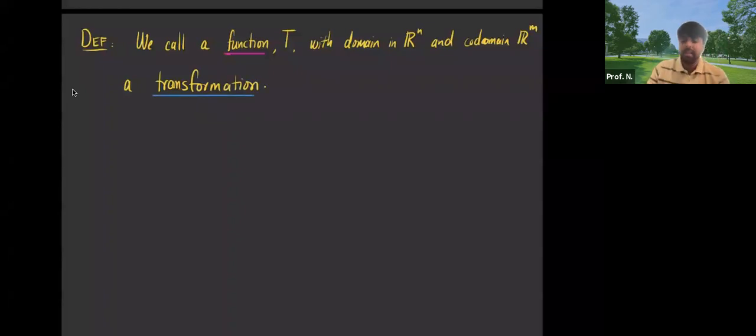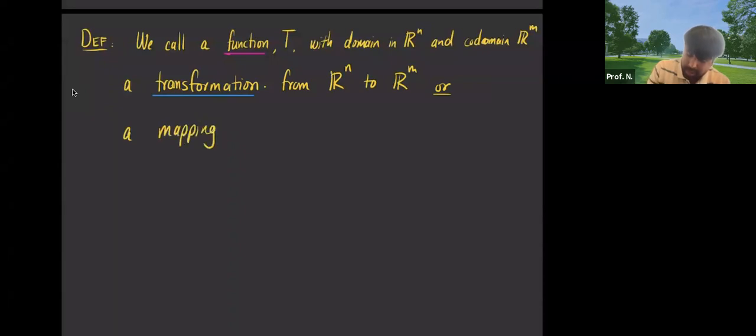We call it a transformation from Rn to Rm, or we call it a mapping. There's going to be a lot of jargon here, but hopefully you see that they're the same thing.